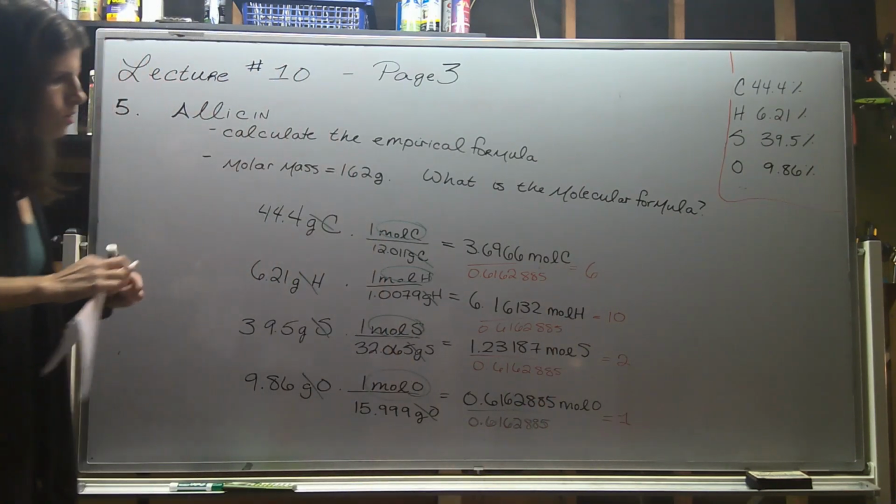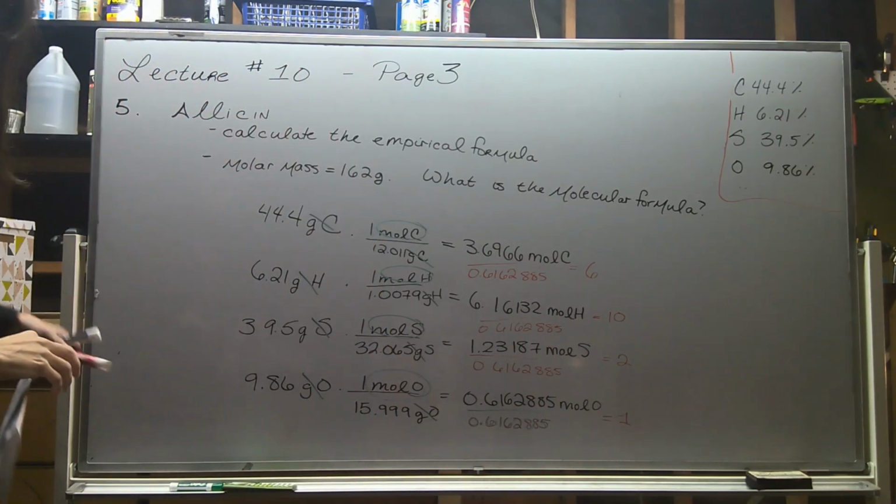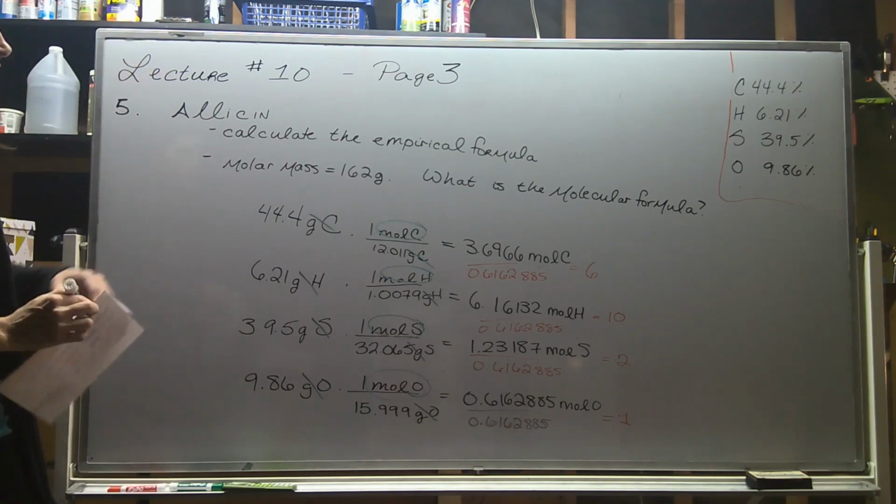All right, so we have our whole number ratios, and we can definitely report out an empirical formula.